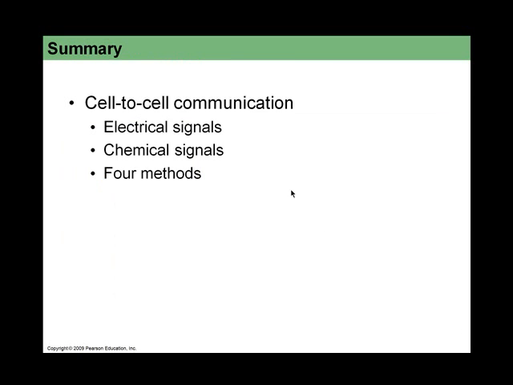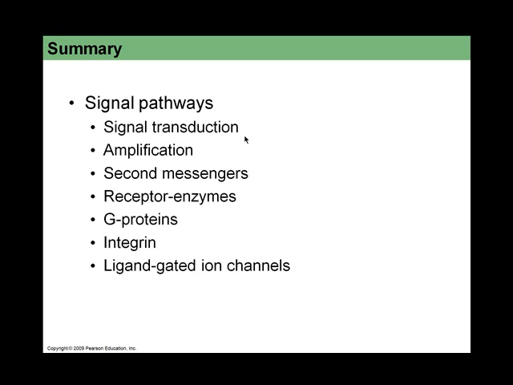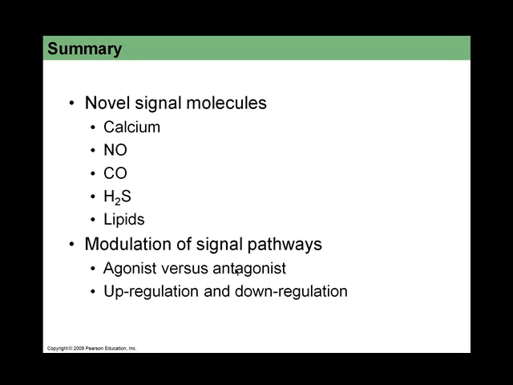So then what we have considered in this set of 2 lectures, cell-to-cell communication, considering the electrical signals, chemical signals, and 4 methods of cell-to-cell communication. We talked about the signal pathways for signal transduction, amplification, second messenger systems, different receptor enzymes, G proteins, very important, integrins, and then the ligand-gated ion channels.